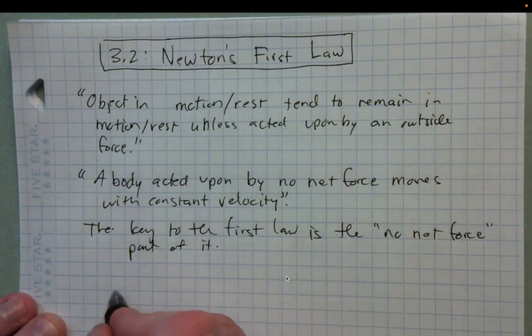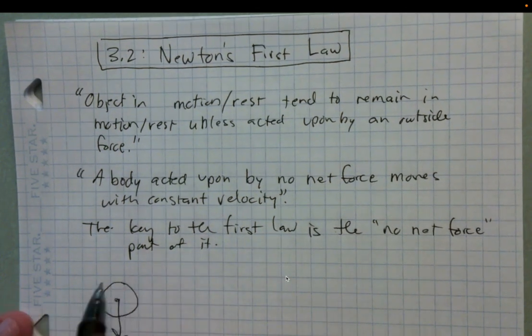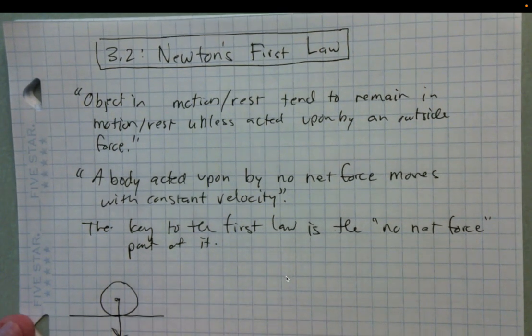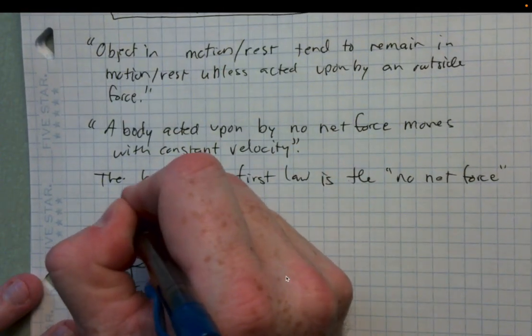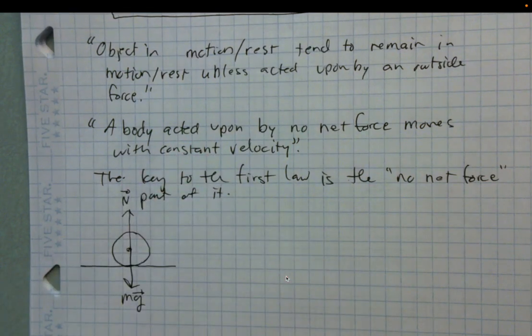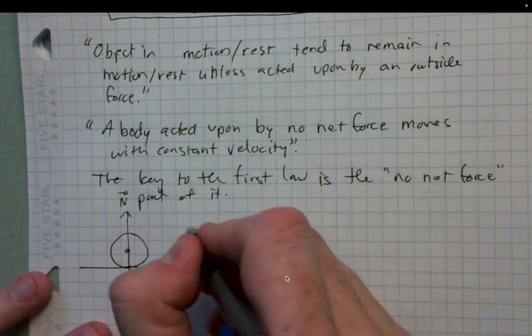Okay, let's think about a couple of examples. We've certainly seen this. You've got a ball resting on a surface. Gravity is pulling the ball down, and the normal force is holding the ball up. Because the ball is at rest, Newton's first law tells us that the sum of the forces at work on it must equal zero.